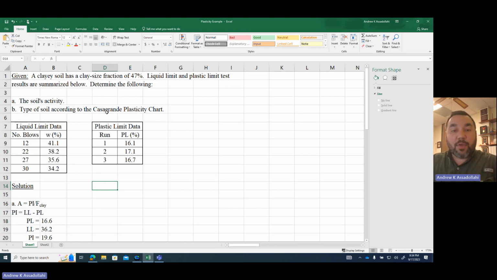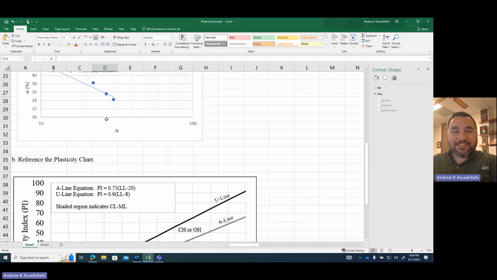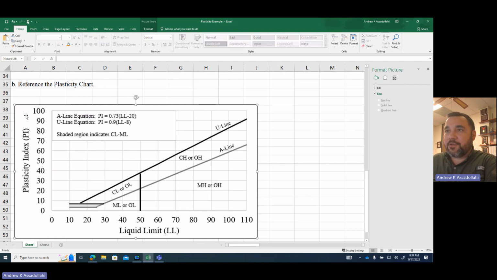It's also in the FE reference manual, and I think the most recent FE reference manual right now is version 10.3. So it's in the geotechnical section of that, if you need to use that when you're studying for the FE exam or taking the FE exam. So I have a copy of the plasticity chart that I generated myself. I actually plotted it myself in Excel separately, and generated this nice figure here.